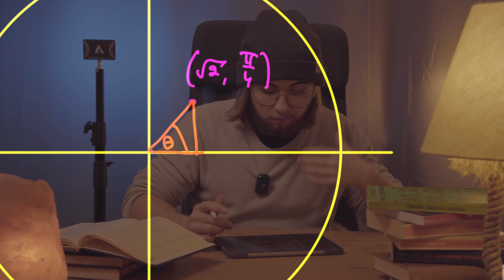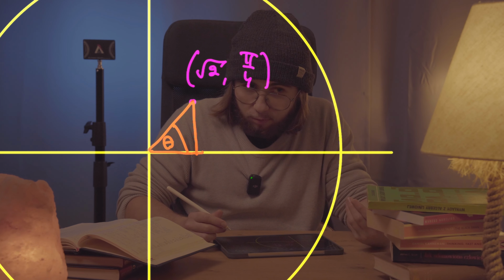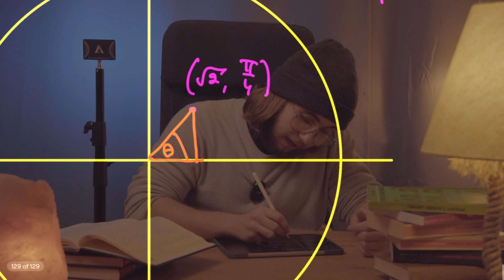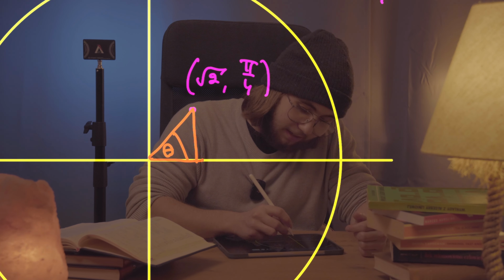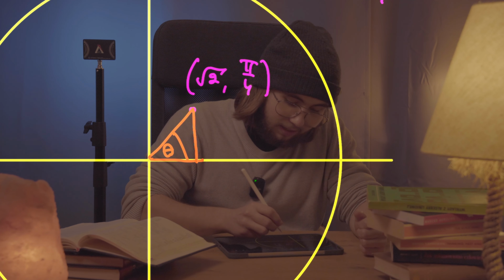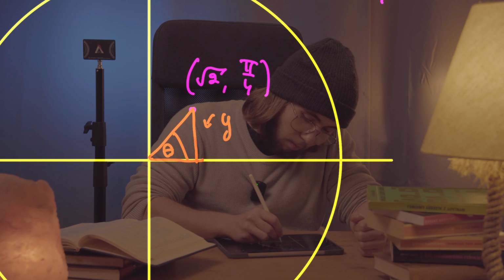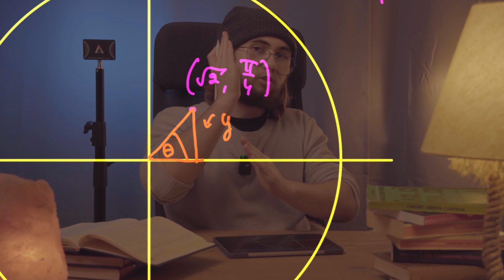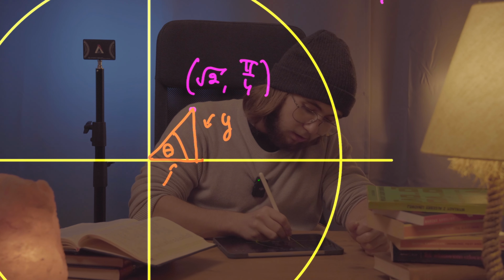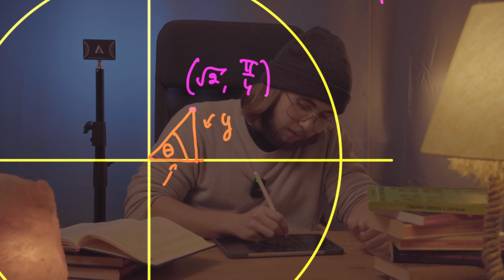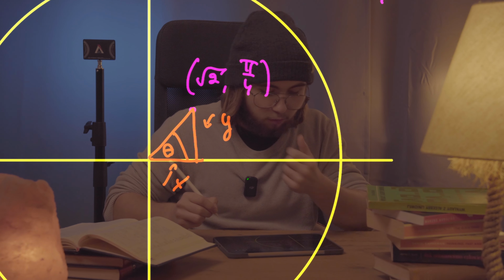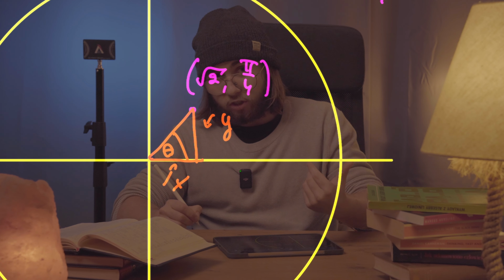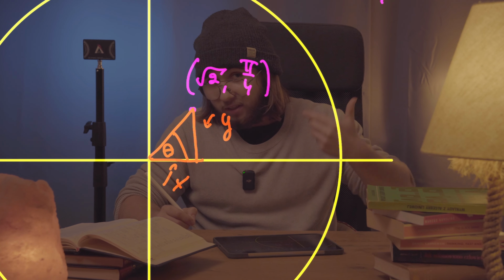So we can interpret this triangle right here as a triangle that's going to have the angle theta next to the origin, where this side is going to tell us how much we would have to move upwards in the positive y direction in the Cartesian system, and this side over here, its length, is going to tell us how much we would have to move in the positive x direction in the Cartesian system.